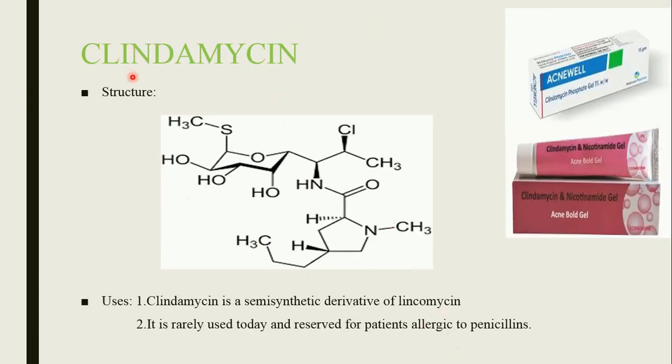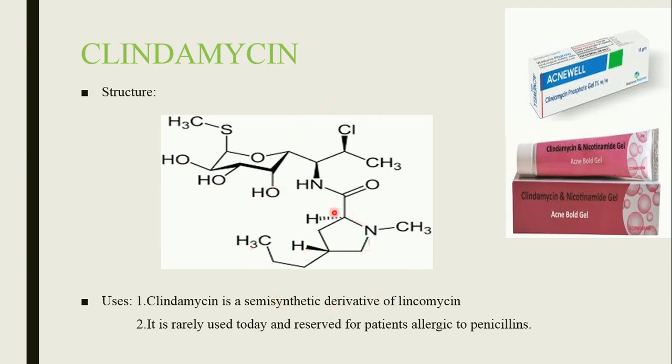The next drug under the miscellaneous category of antibiotics is clindamycin. The structure of clindamycin is almost similar to aminoglycosides, which is a macro structure. It contains a hexose sugar. To this hexose sugar at the second position there is a methylthio group and three hydroxy groups at the third, fourth and fifth positions, and there is a side chain.